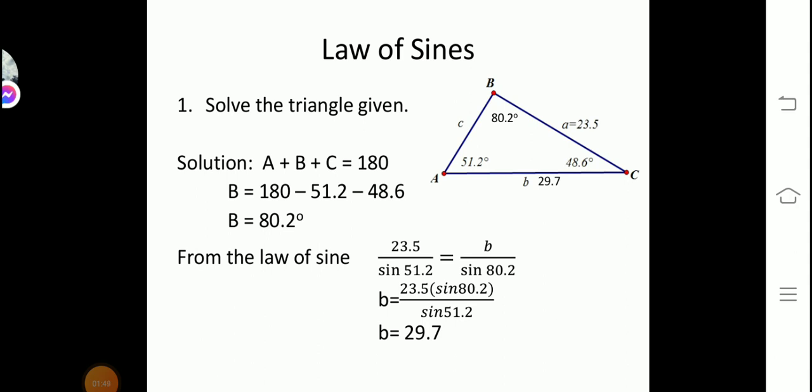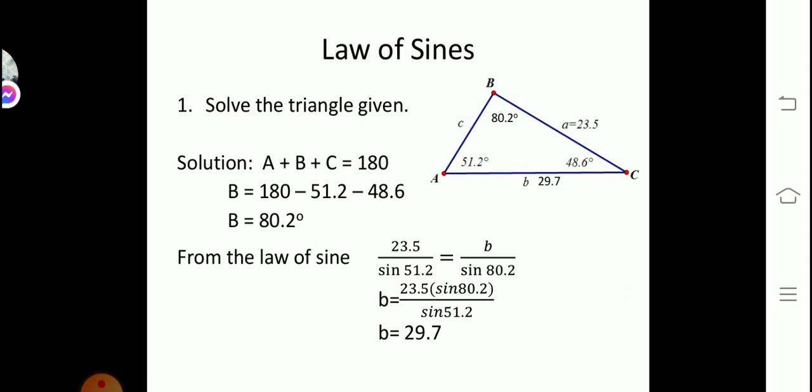Here is an example of the law of sine. Solve the triangle given. Solution: A plus B plus C equals 180. So B equals 180 minus 51.2 minus 48.6. The answer is B equals 80.2 degrees.